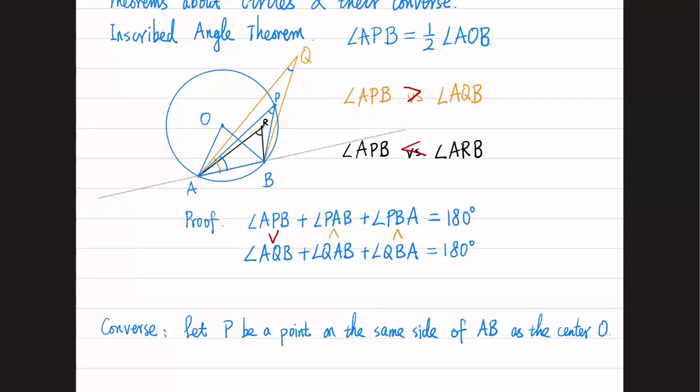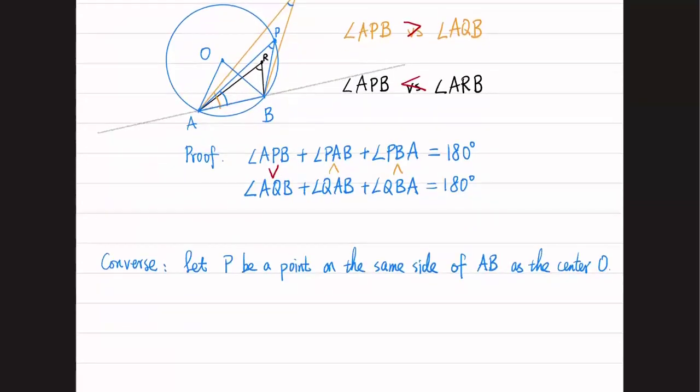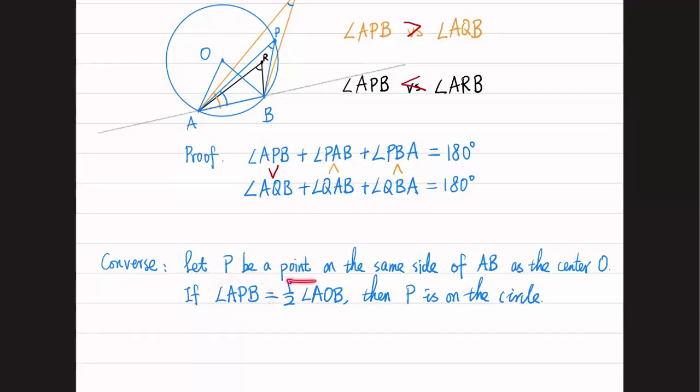As long as this point is on the same side, if we have the following property, if angle APB, if the inscribed angle, initially we don't know where this point is.